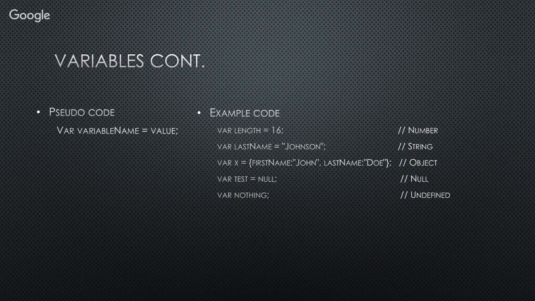In JavaScript, you can set var length equal to 16 and later say length equals the string "really long", and it would be totally fine. That won't break JavaScript, though it might break your code. It handles that just fine. So, any questions on that one?